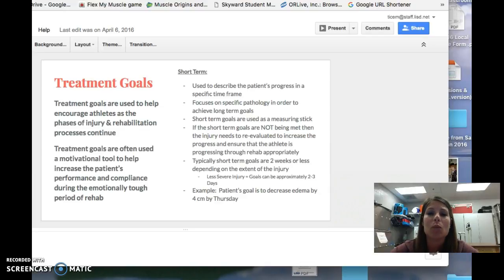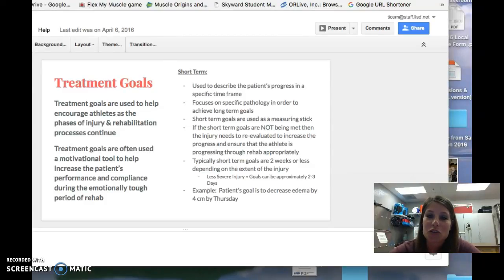So we have short-term and long-term treatment goals. And in the modality aspect of it, the rehab aspect of it, we deal a whole lot more with the short-term goals. Using these short-term goals as motivational tools, a little stair-step checklist to getting your patient back to full return to play, which is our long-term goal.